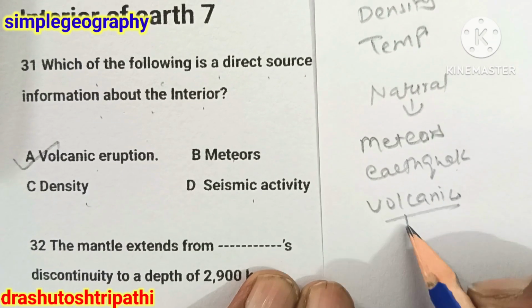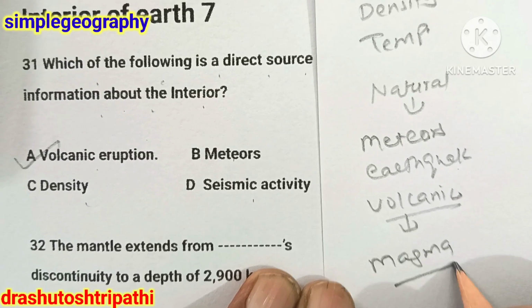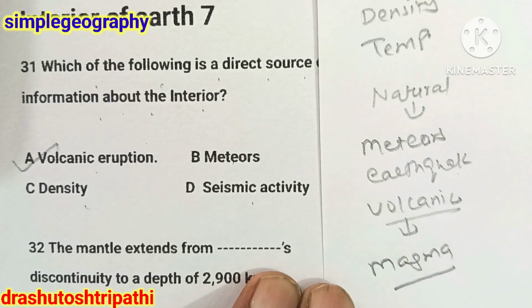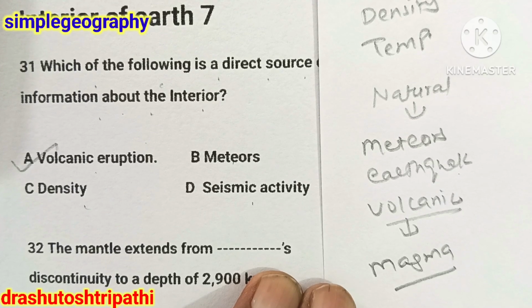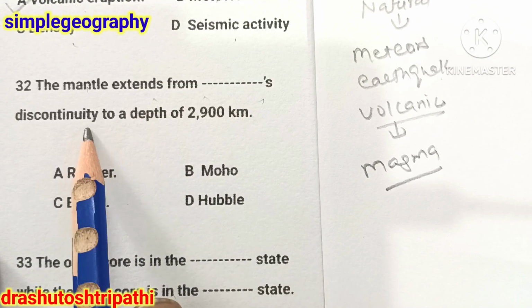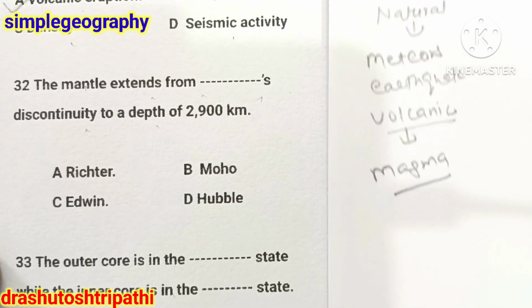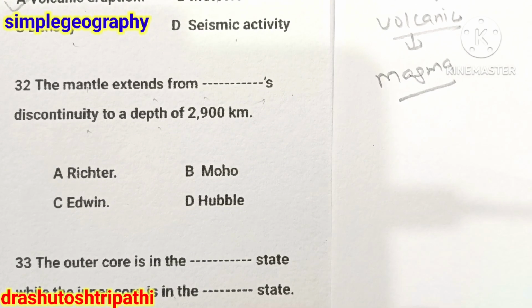Why? Because at the time of a volcanic eruption, liquid material comes out from inside the earth, known as magma, which tells about the actual situation of the earth: the interior part of the earth is semi-liquid. Mantle extends from dash discontinuity to a depth of 2900 kilometer. We did this question earlier; it is a repetition.